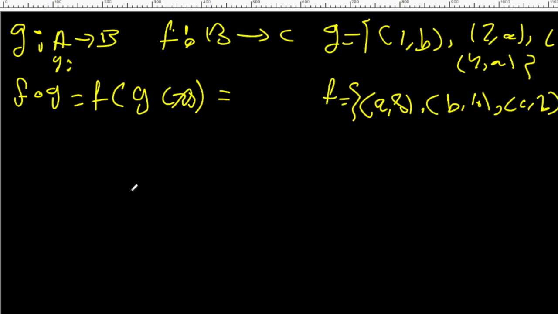Now, we need to start by saying f composition G, so we'll take f of G of x. And the first x in G is 1.